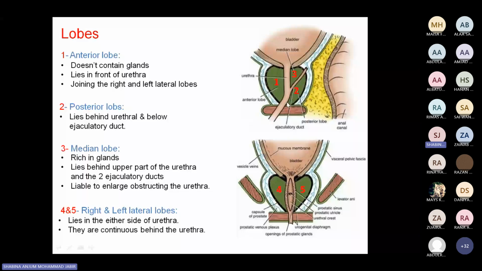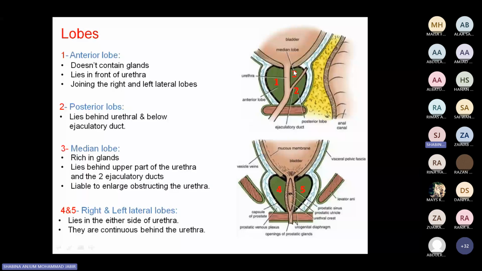Then you have the median lobe, this one. The median lobe is present between the urethra and the two ejaculatory ducts. This area is very important to know because it is very prone to get enlarged.